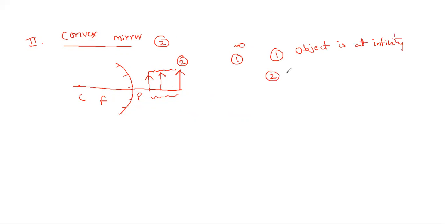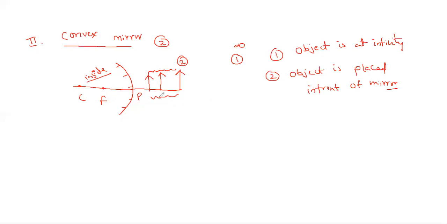Coming to the second position, object is placed in front of the mirror. Here you will get only two positions. Why? Because the pole of the mirror and center of curvature of the mirror lie inside, so it is not possible to place the object inside.